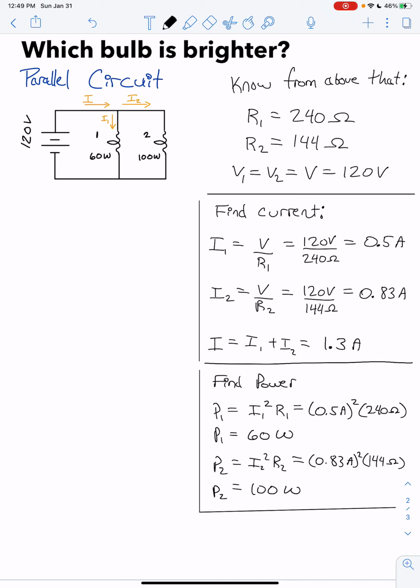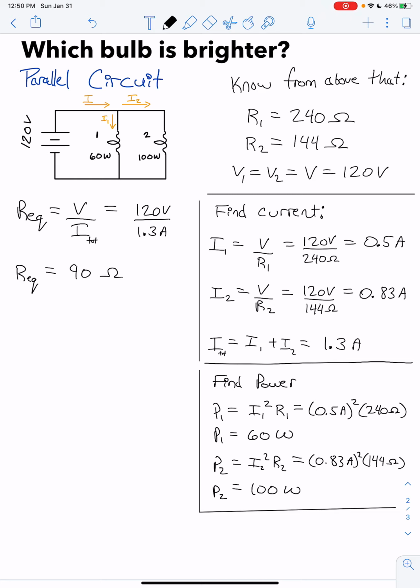So if we had found the total current, we could also recognize that there's a relationship with our REQ, which is equal to V over I, and this is the total. In that case, we could say this is 120 volts, and that's 1.3 amps, and so we get an REQ of the circuit of 90 ohms.